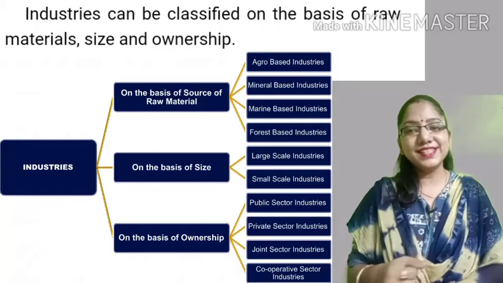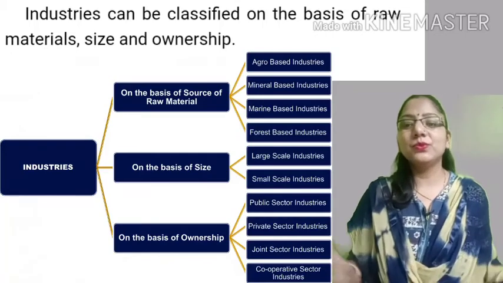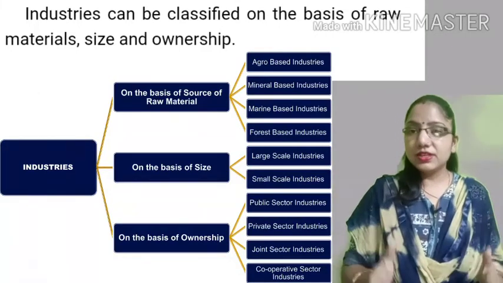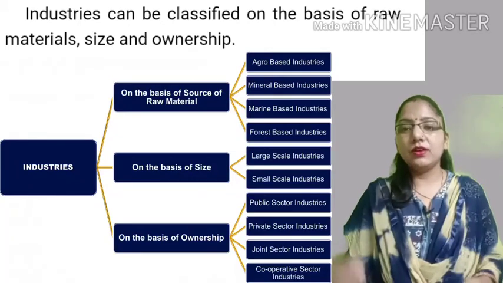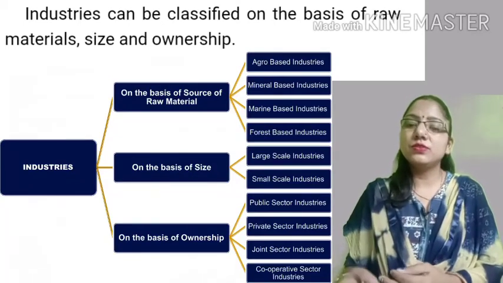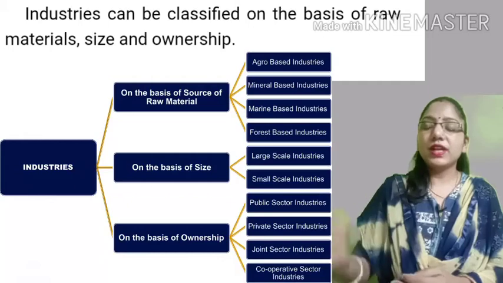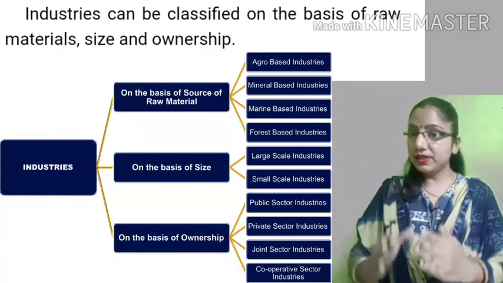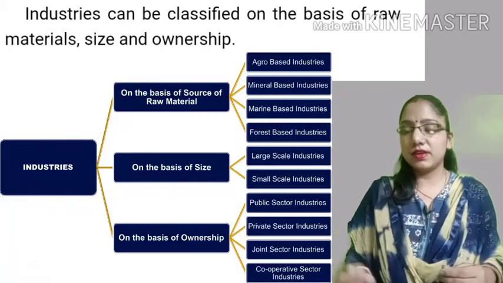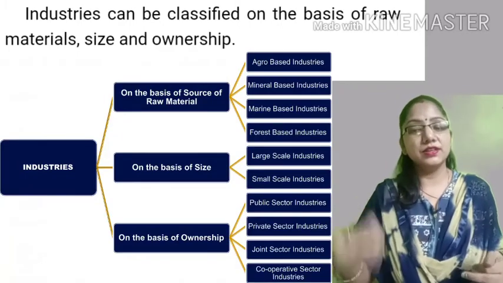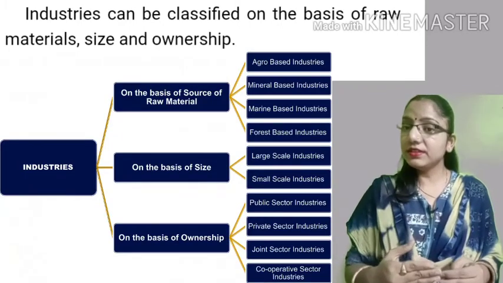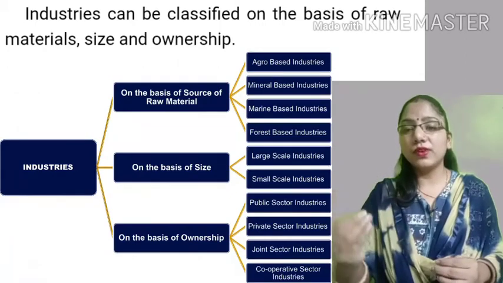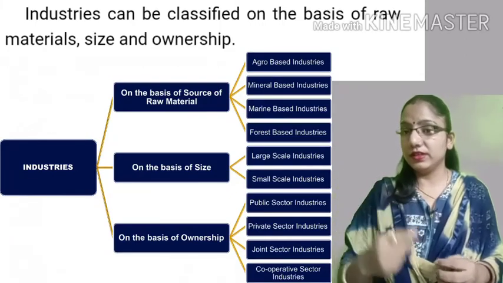Yes, the industry can be divided into three major parts, or we can say the industry is divided in three ways. So what are these? We can divide the industry on the basis of its size. It can be a small scale or a large scale industry. We can divide industry on the basis of the availability of the raw material.